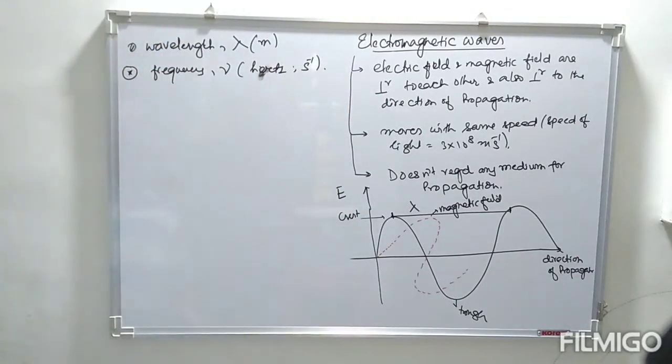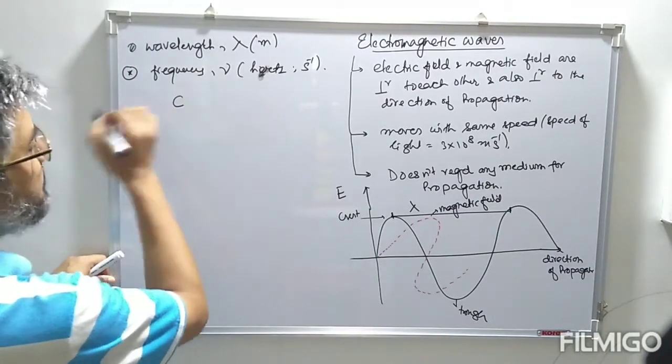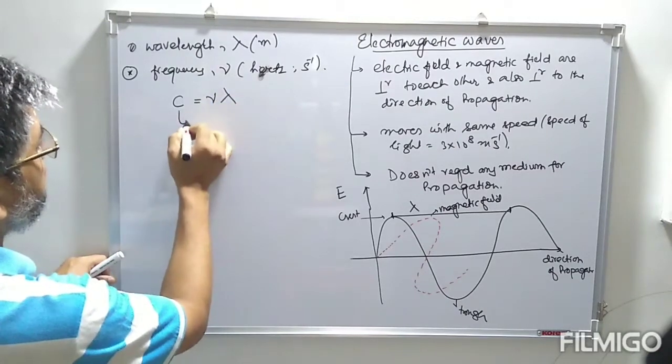And the relation between these two is c, the speed of light, equals frequency into wavelength.